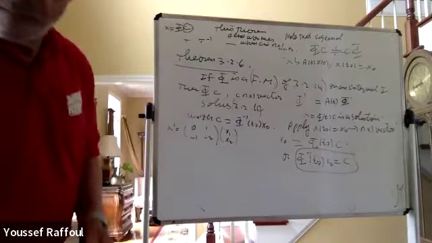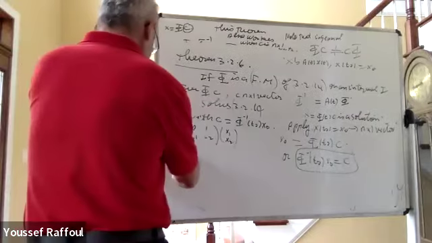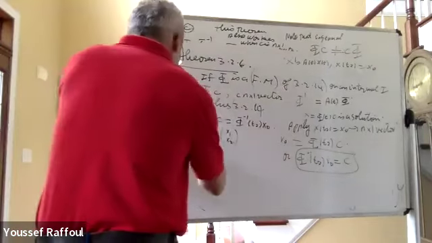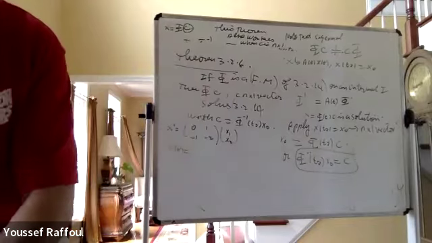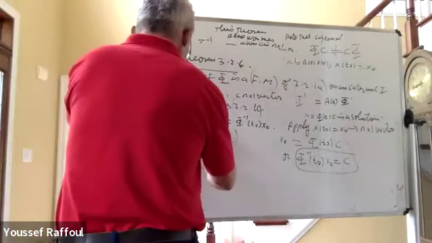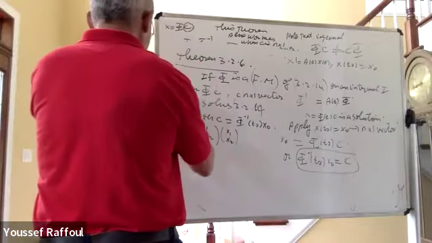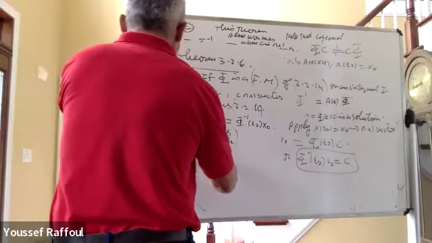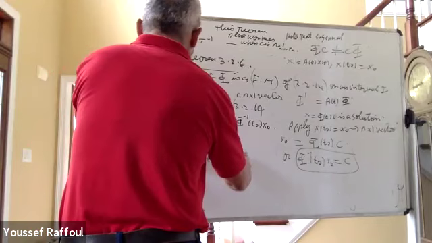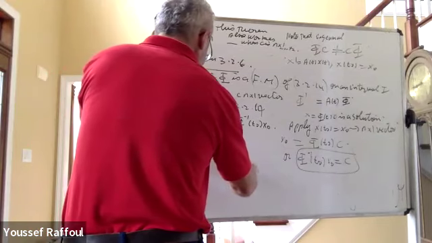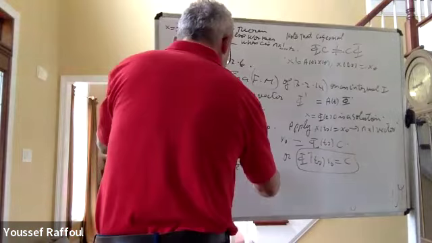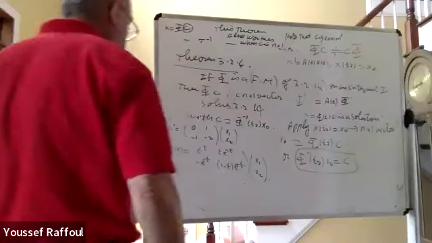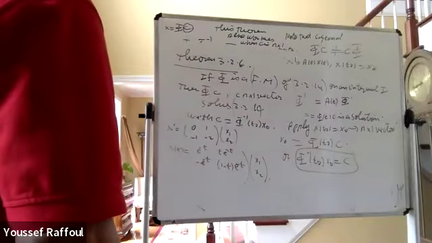We know the solution, x of t, is phi, remember what phi is from this example: e to the minus t, minus e to the minus t, t e to the minus t, 1 minus t e to the minus t, times x1, x2. So that is our solution.